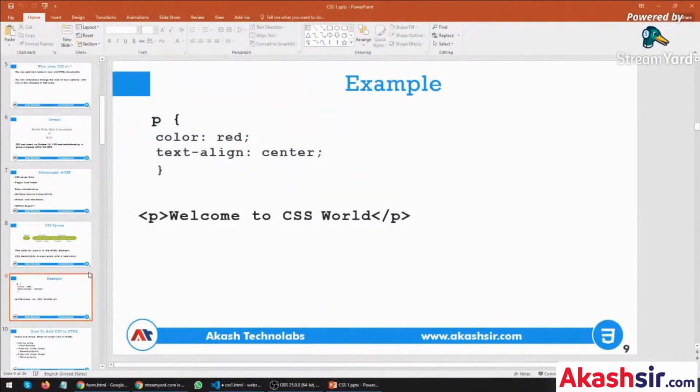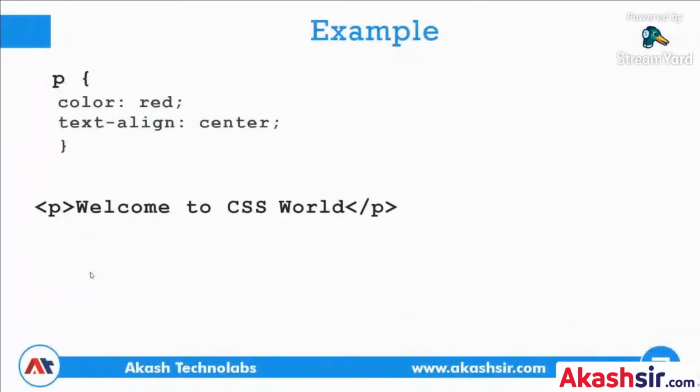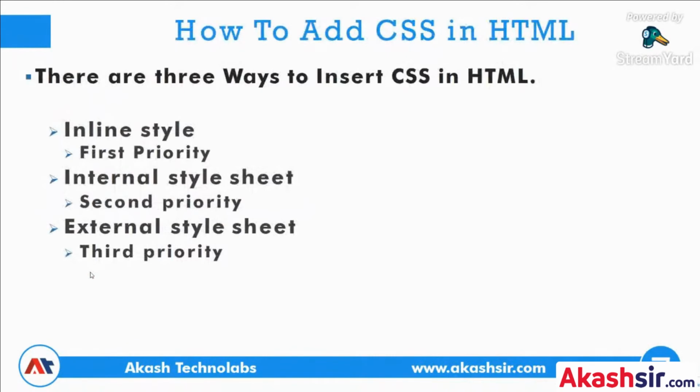because in CSS we have three different ways to declare CSS. Let me give you an introduction to that. How to add CSS in HTML? So there is one more question: how to add CSS in your HTML? We have three different ways. First is inline style. Second is internal CSS. Third is an external style sheet, right?